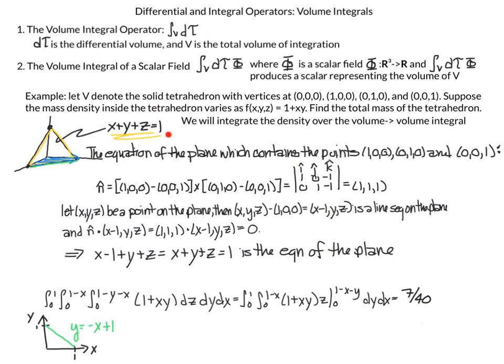Then finally, z goes from 0 up to this plane here, so 0 up to 1 minus y minus x. And then I integrate my density, which is 1 plus x times y, with respect to z, y, and x.